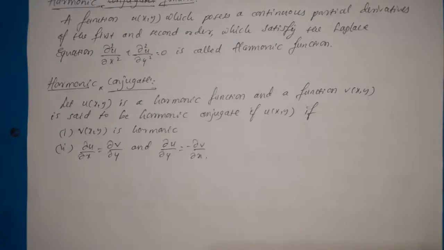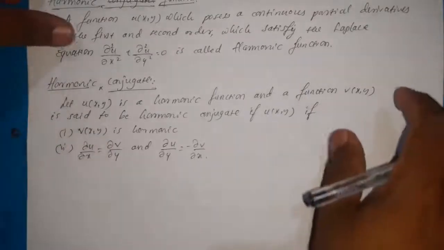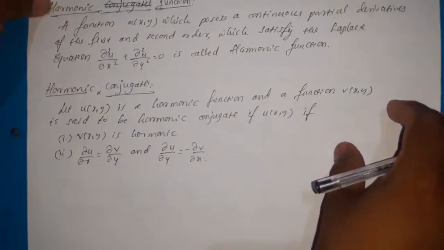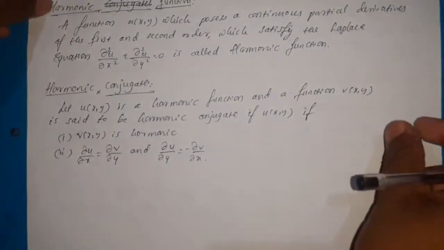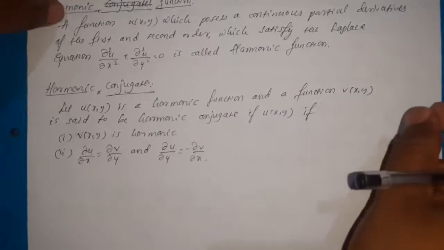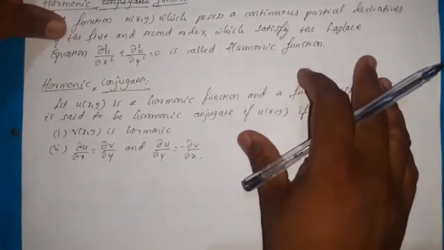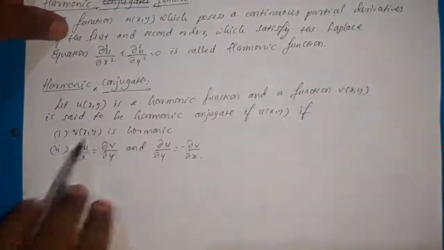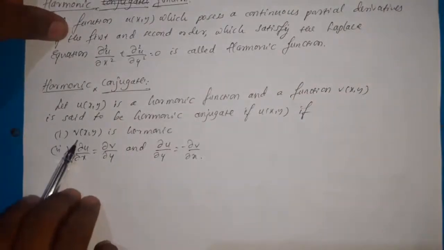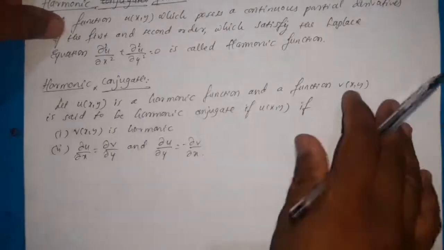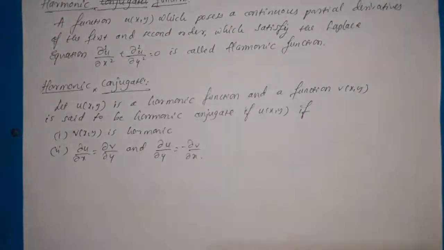So, harmonic conjugate means if u is a harmonic function, then the remaining part is called the harmonic conjugate of the first part. It is a harmonic conjugate only if the second part is harmonic and the CR equations are satisfied for u of x comma y and v of x comma y.